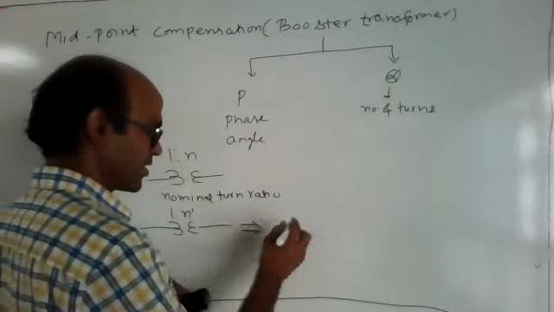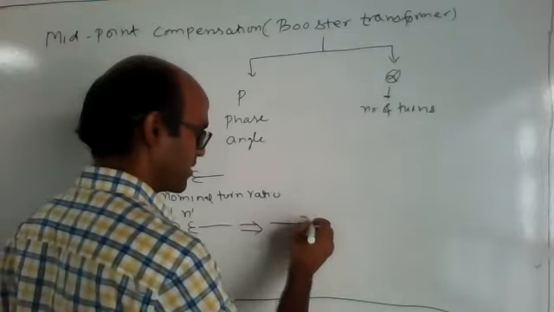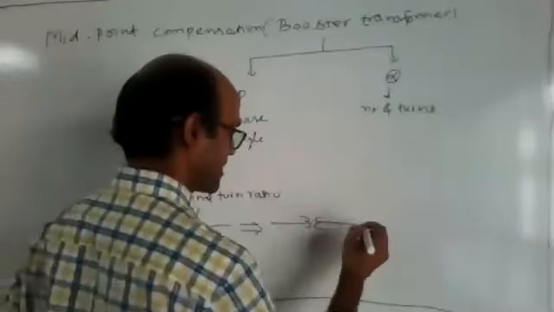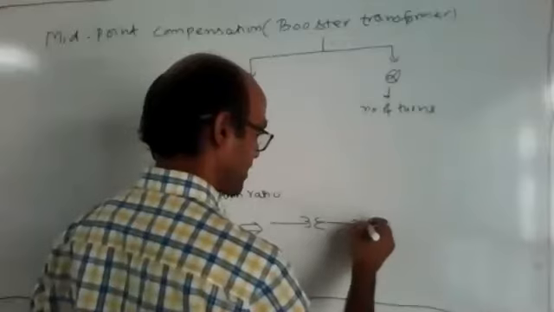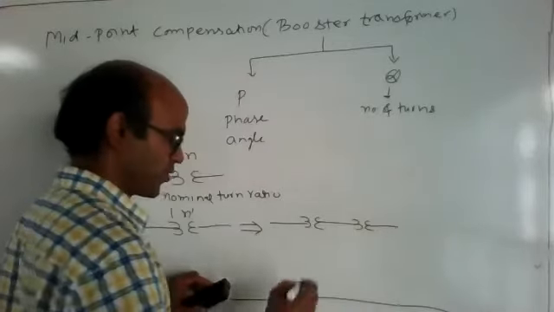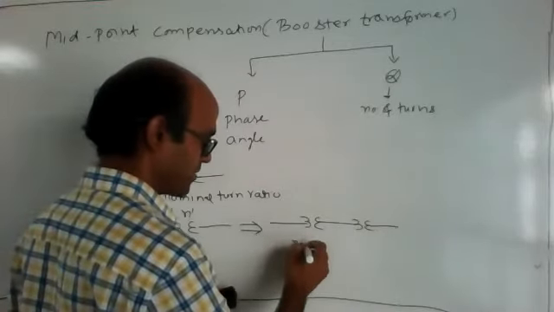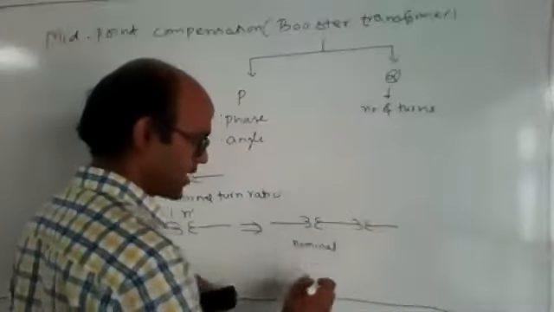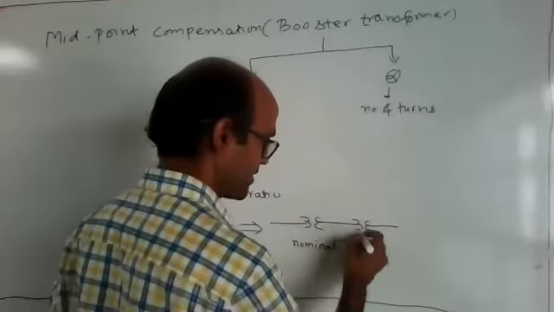One is the nominal transformer and the second one is the ideal transformer. So this is the nominal turn ratio and this one is the ideal.